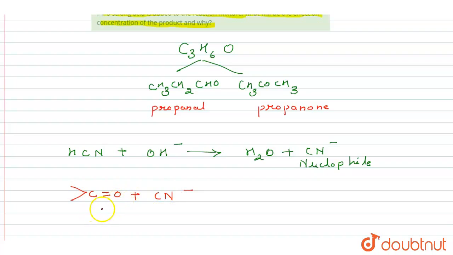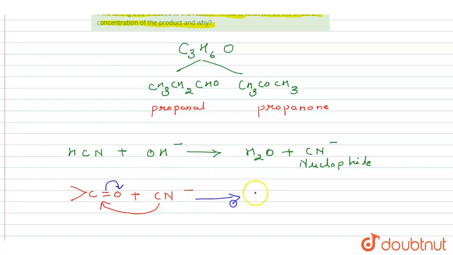The polarized carbon of the carbonyl group is attacked by the nucleophilic CN, with simultaneous transfer of the pi electrons to oxygen. The oxygen then combines with H plus ions.